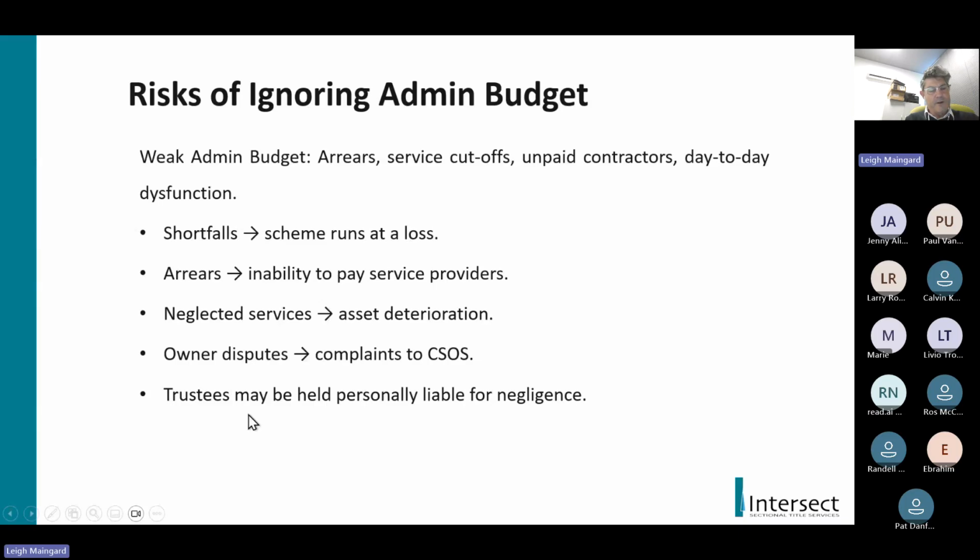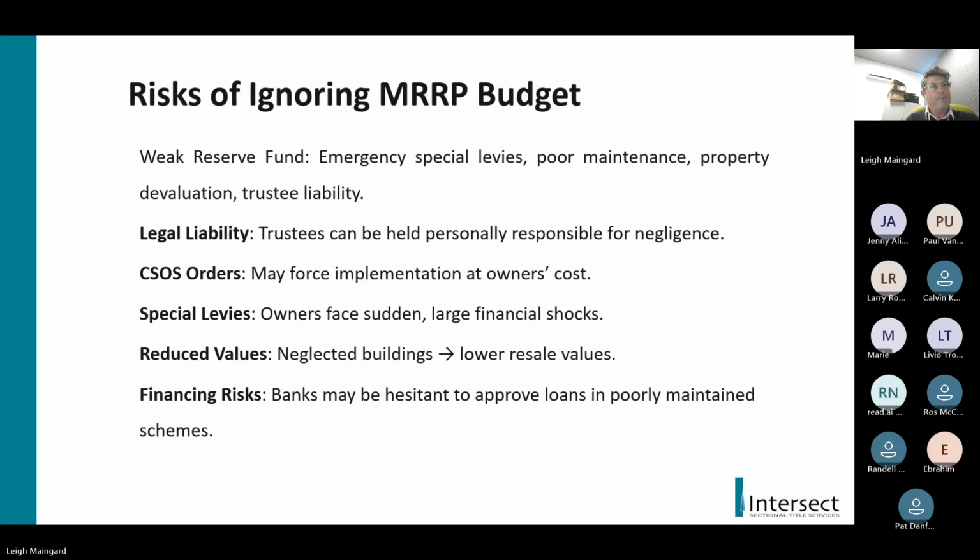And I think the most important thing is for those of you that are present that are trustees, the trustees may be held personally liable for negligence. And I think that is a very important thing to consider when you are acting as a trustee or if you want to put your hand up and become a trustee.